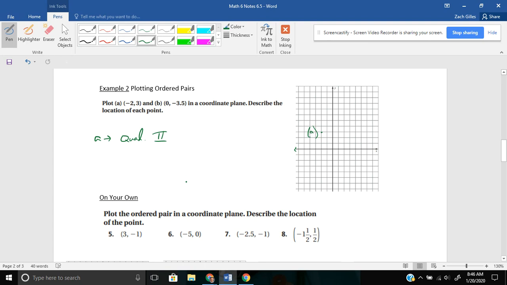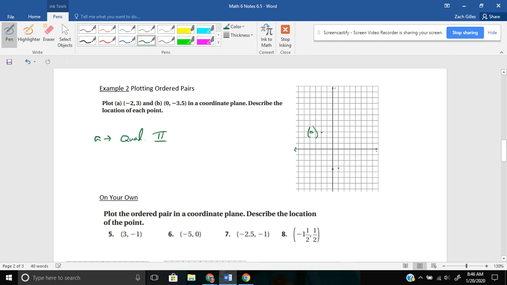And then letter B is 0, negative 3.5. So over left or right 0, so I'm going to be on the y-axis, and 3.5, negative. So down 1, 2, 3, and a half more would represent negative 3.5.